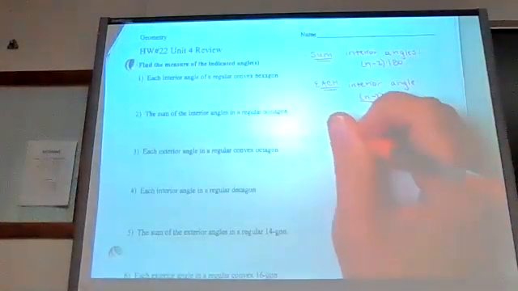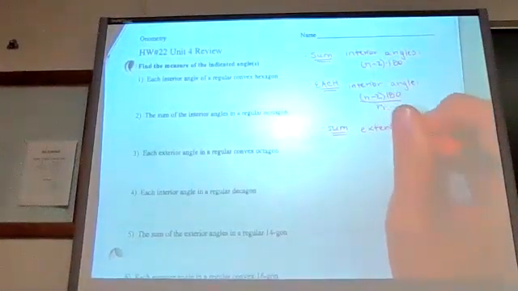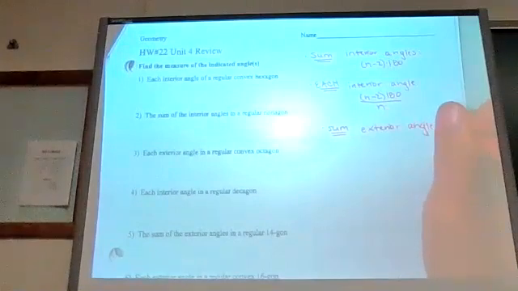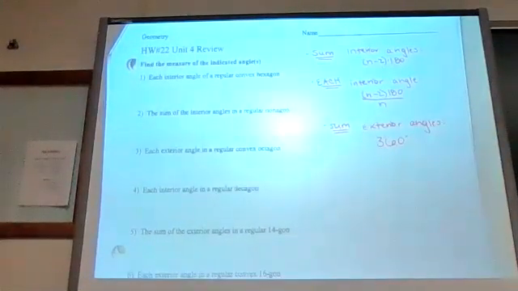The sum of our exterior angles is absolutely the easiest, but the one that students make the most mistakes on because it's not a formula at all. The sum of the exterior angles always adds up to 360.